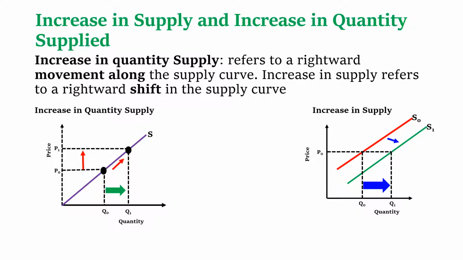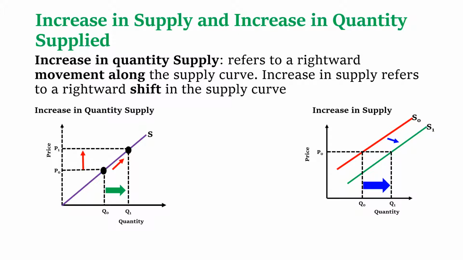An increase in supply is a change in supply, right? An increase in the quantity supplied is a movement along the same supply curve. You understand? So you have to be very careful with these two terminologies: increase in the quantity supplied, increase in supply.